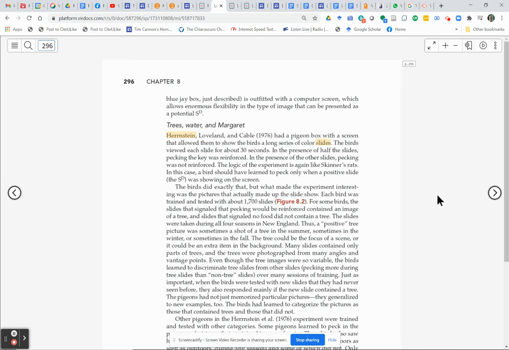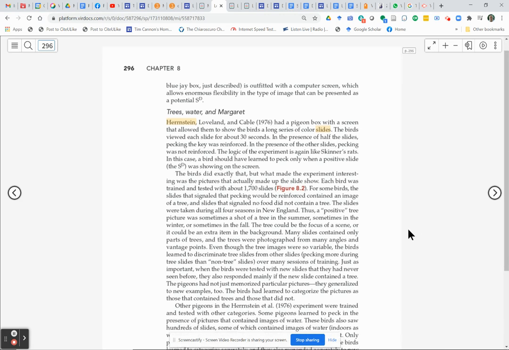Herrnstein is important to me. There we go, a long series of color slides. So this is back in 1976, and believe me, computers back then could not easily do this kind of research. They took photographs. They went out into the real world and they took photographs.